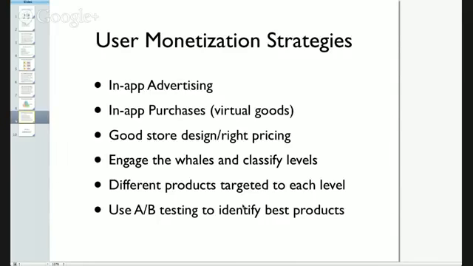And then having these different products targeted to each level. Start at the beginning just between noobs and expert, or whales and everybody else. It might be good enough. And then using A/B testing to identify the best products. So you can test out different products and see, you put one product out there and 90% of people that are buying buy your product.